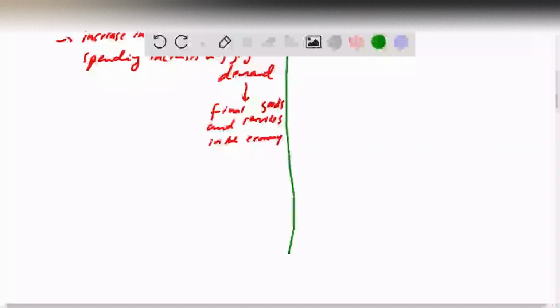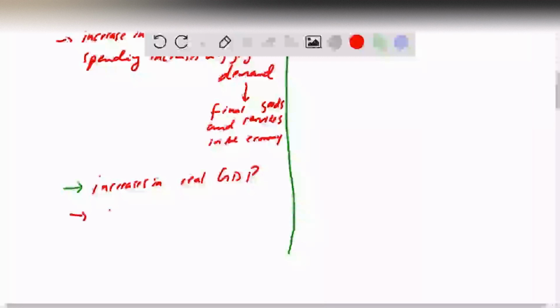So in a closed economy, if you're spending, that's what's going to happen. There's going to be an increase in aggregate demand, and you're also going to have increases in real GDP because of the increase in aggregate demand.